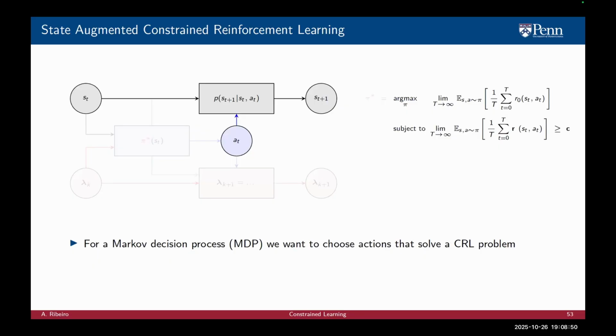Now that's what we call state-augmented constrained reinforcement learning, and let me explain with this diagram why this is a good idea. This is the problem that we would like to solve. This is a description of the MDP. Here is the state, here is the action, this is the transition probability kernel, this is the state at time t+1.